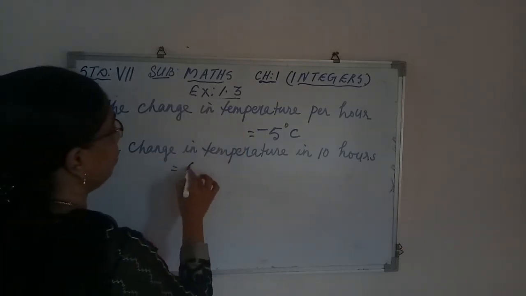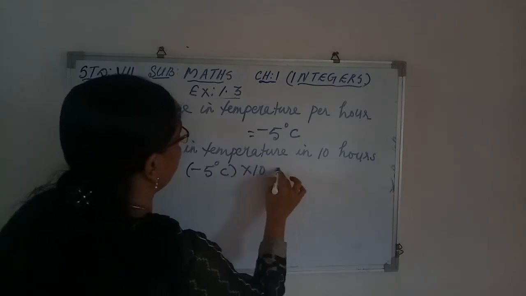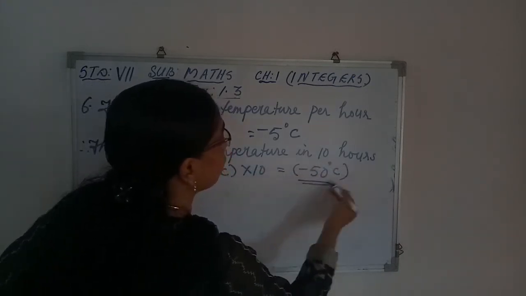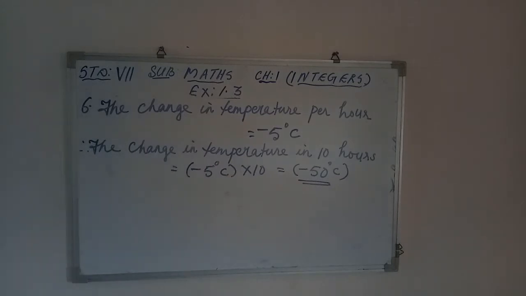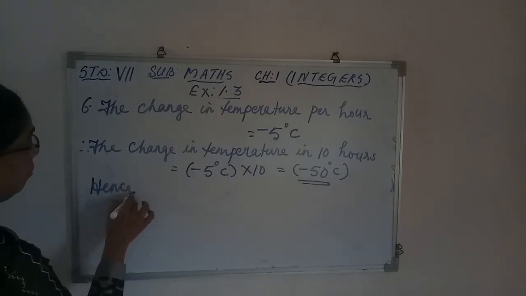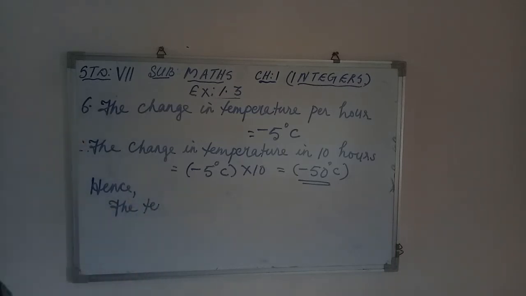So here, minus 5 degrees Celsius multiplied by 10 will give you minus 50 degrees Celsius. Understood? This is the change in temperature in 10 hours. Now next, therefore we can find out the room temperature after 10 hours. How do you find out? That is, so hence the room temperature after 10 hours.